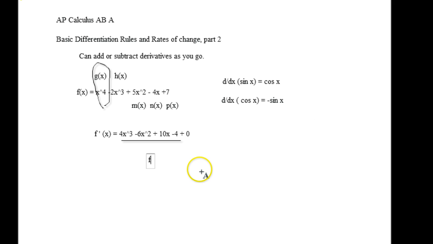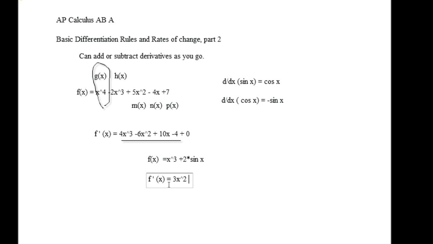Okay, so how do we do this? f of x is equal to x to the third plus 2 times sine of x. Okay, so the first part's pretty easy. We're going to have f prime of x is equal to 3x squared.